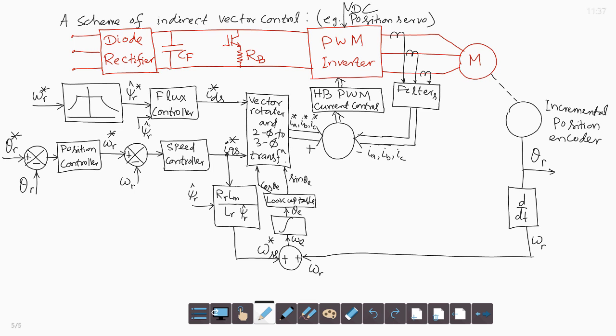These are the two command components, ID star and IQ star, and they are converted from dq to alpha beta using the unit vector cos theta e and sin theta e.